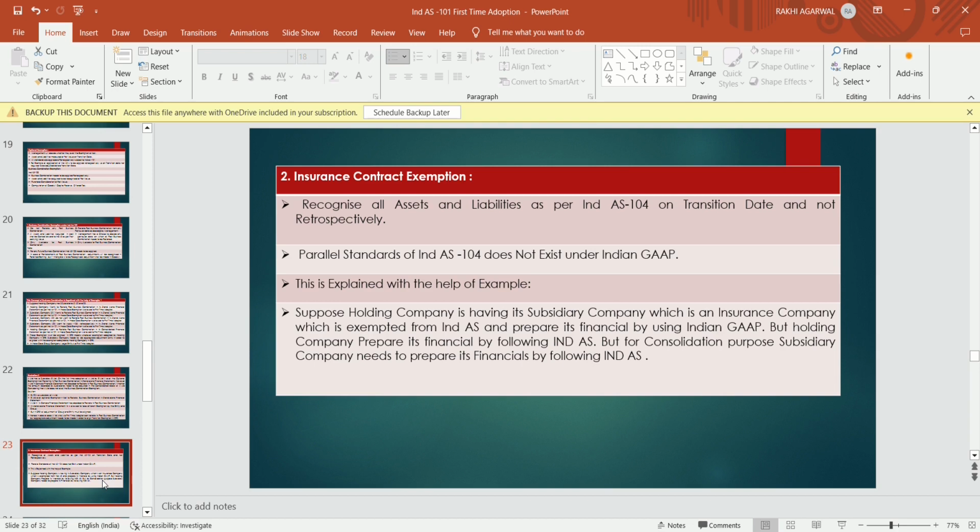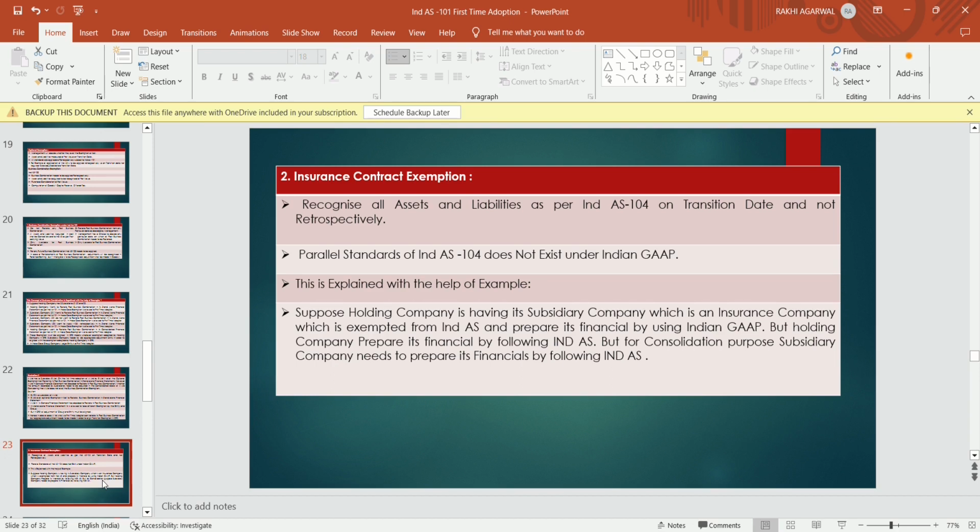A holding company is there with its subsidiary companies. The subsidiary company is an insurance company which is exempted from preparation of Ind AS financials, but the holding company prepares financials by following Ind AS. The subsidiary company prepares financials using Indian GAAP. Now, for consolidation purposes, is the subsidiary company required to prepare its financials as per Ind AS?